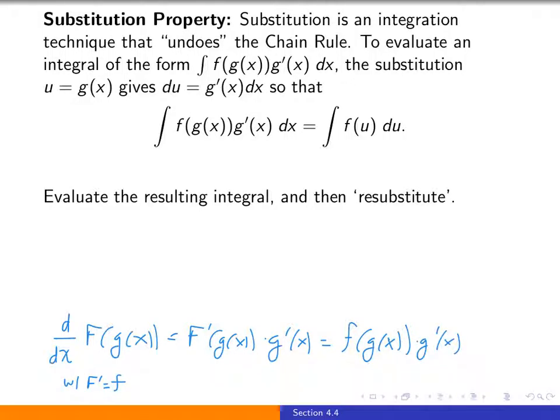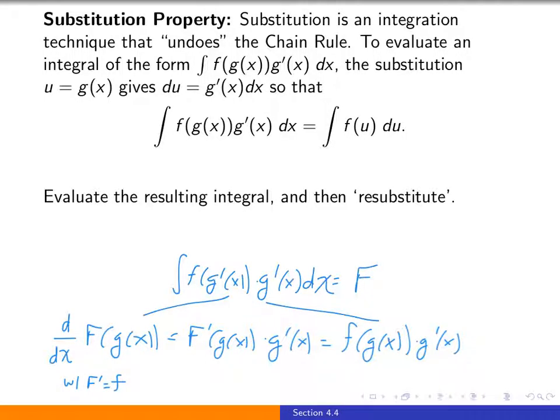So if we were to anti-differentiate little f of g of x times g prime of x, what we would really get back is this. That is, combining these two sides, the antiderivative of f of g of x times g prime of x is going to be big F, an antiderivative of little f, evaluated at that inside function, g of x.